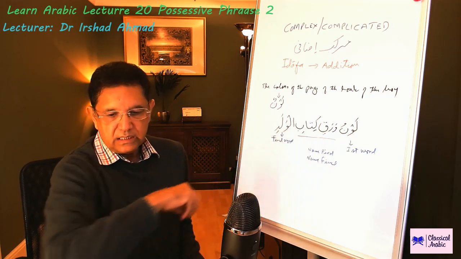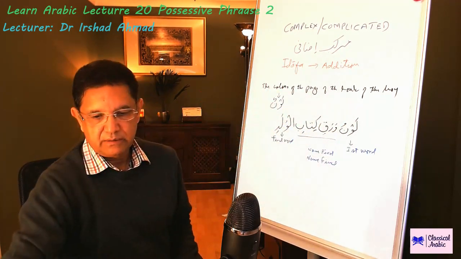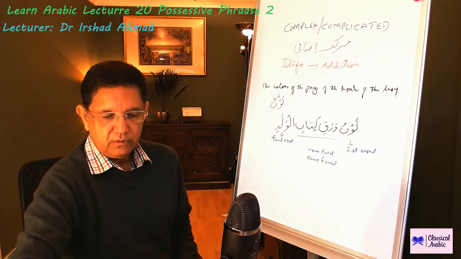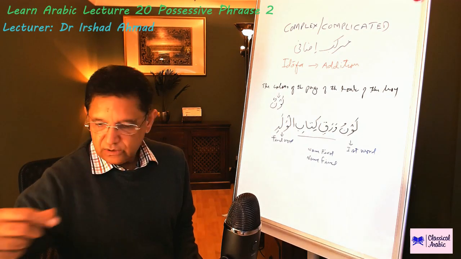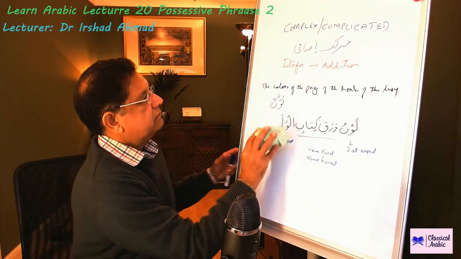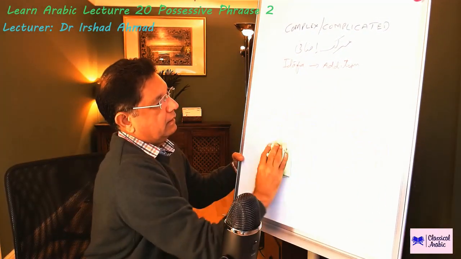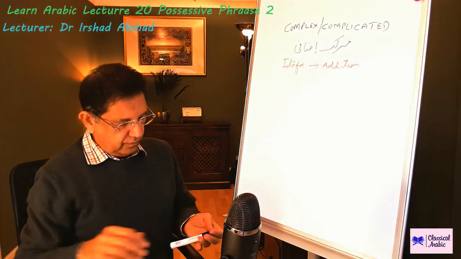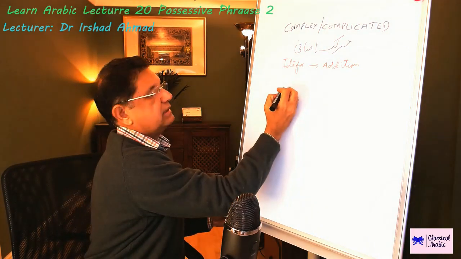So that's our complicated murakkab idafi, and it may become even longer sometimes. You can keep going on and on about it. Let's look at another example. We can say the door of the principal's office or head teacher's office.